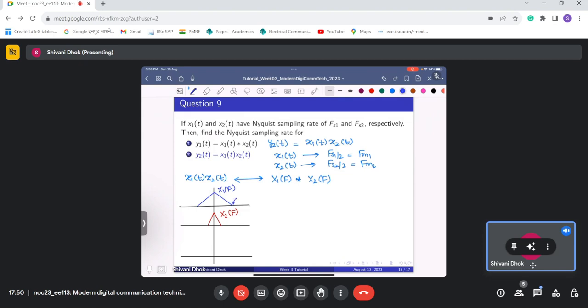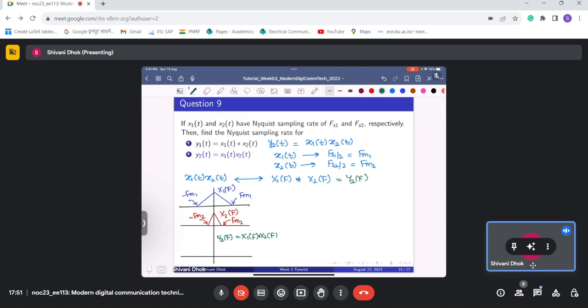This point here is basically fm1, this is minus fm1, this is fm2, this is minus fm2, and what we have here, let's say, is y2(f). So we want y2(f), which is basically the convolution of x1(f) and x2(f). What convolution does is flip, shift, multiply and add.